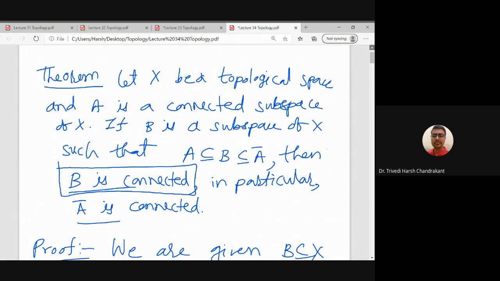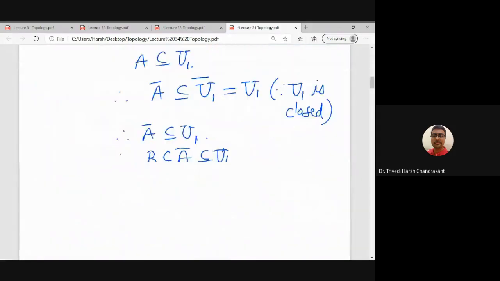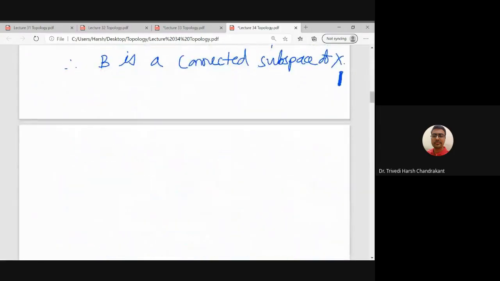So before I take any example of this type of application of this theorem, let me define some terminology which is known as locally connected space.